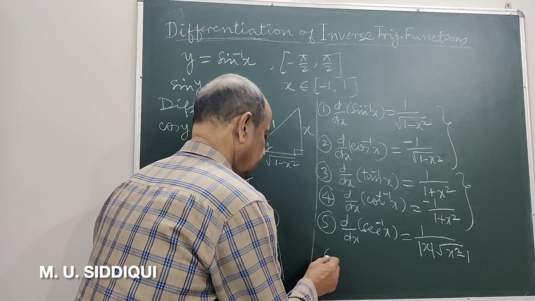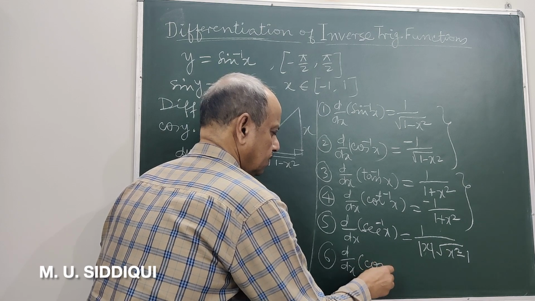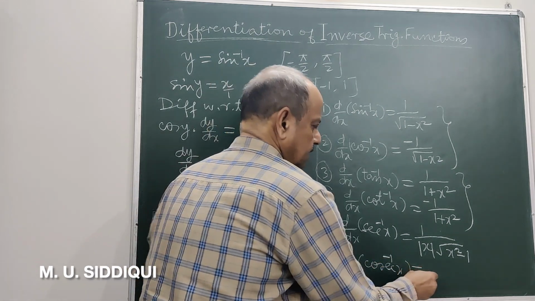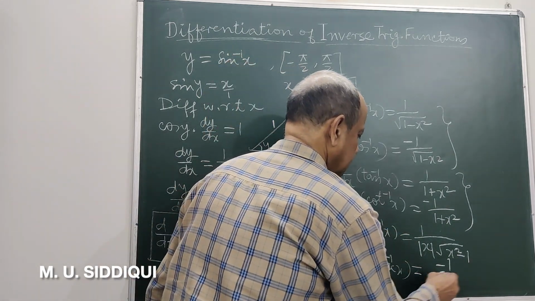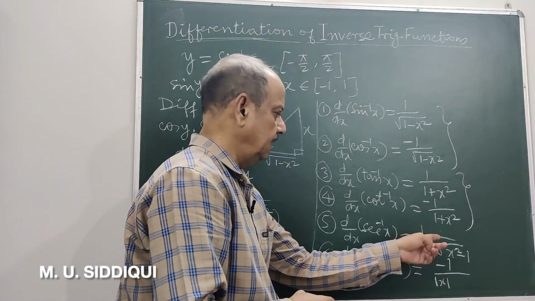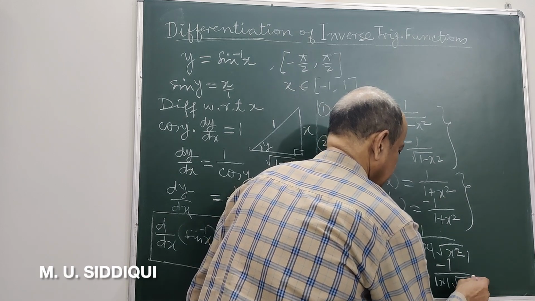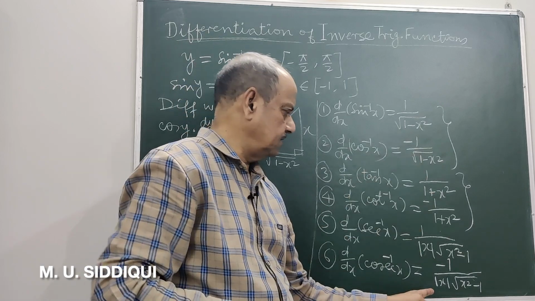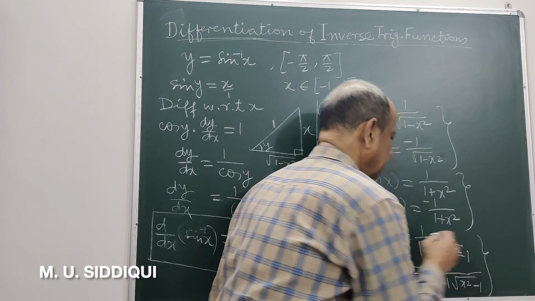And same way, sixth, that is the last in this, d dx of cosec inverse x is the same expression just with the negative sign. So minus 1 upon x with the absolute value sign, and the same expression root of x square minus 1. Remember that here it was 1 minus x square, and this one is x square minus 1, and this is also x square minus 1. And this also comes as a pair.